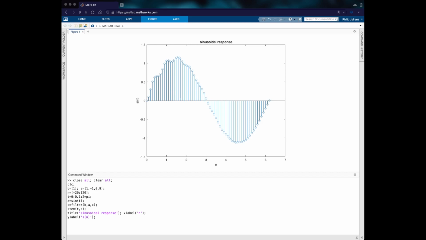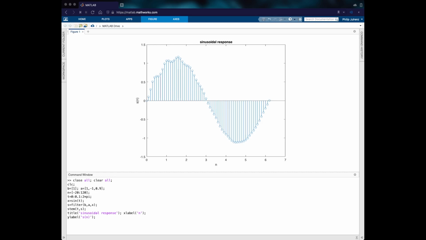Based on the given code, what we did was clear and close everything first, and then we initialized the vectors b, a, and n. So b is 1, a is 1, -1, and 0.9, and n is from -20 up to 120.